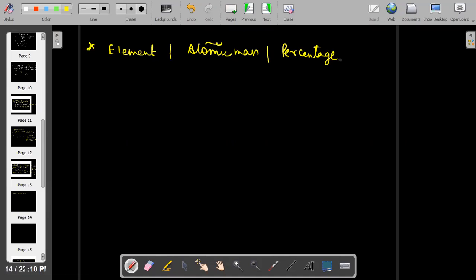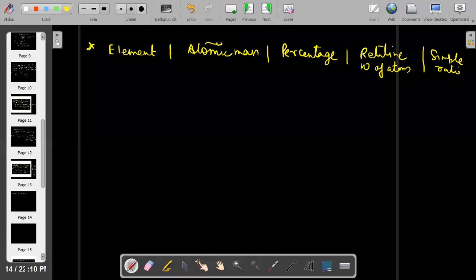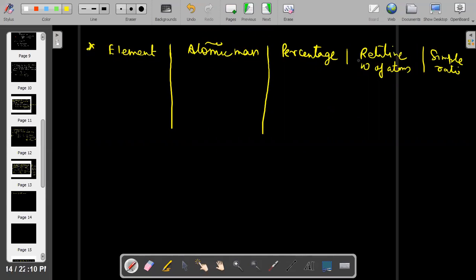Now put the relative number of atoms, and the next column is the simple ratio. Always remember this. So this should be the table. If you do not understand the short method, then go for this. Not a big deal.